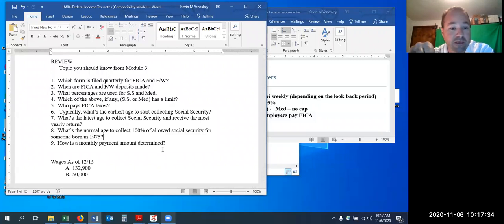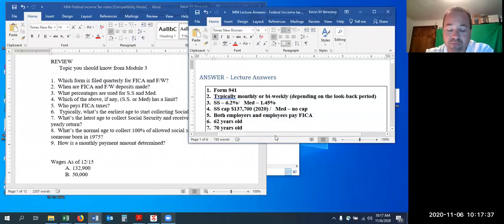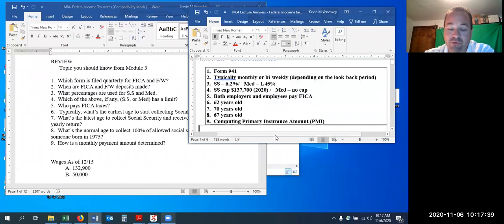Well, your monthly payment uses your PIA, your primary insurance amount. Remember, they went through and said, okay, figure up your monthly average. What is the amount that you made averaged monthly over the last 35 years? And then they said take 90% of that, and then you put in an amount.